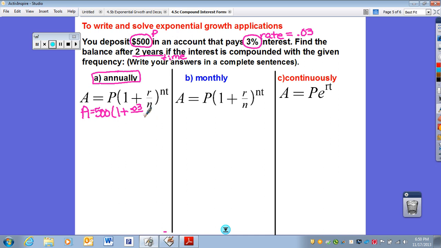Well, we're only going to compound it once since it's annually.